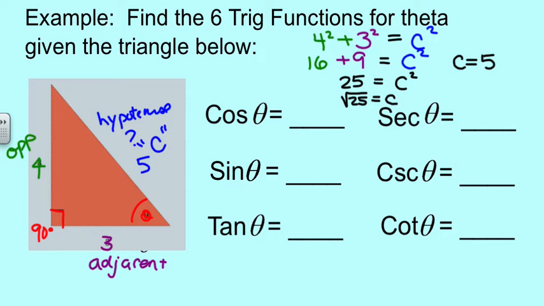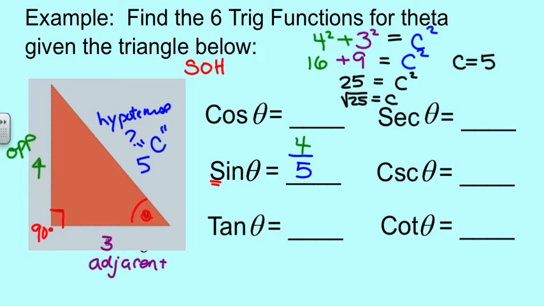So the first one is sine. Remember, the sine is SOH for short. So sine is opposite over hypotenuse. Opposite is 4, and hypotenuse is 5. So we're going to just leave it as a fraction, so 4/5.